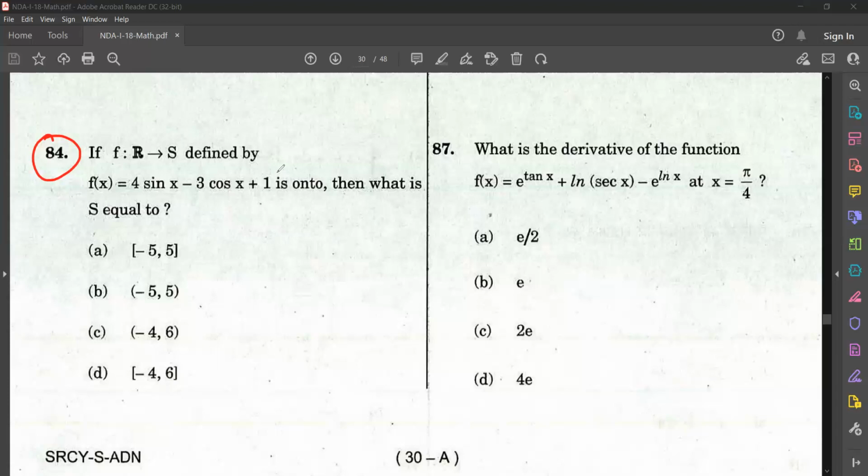Okay, now listen. Here you have to apply one formula or one note that we have to learn by heart.